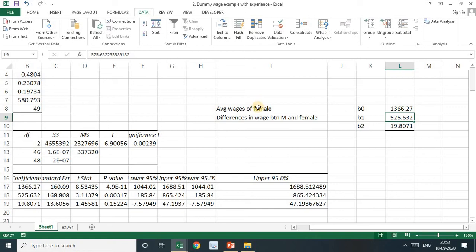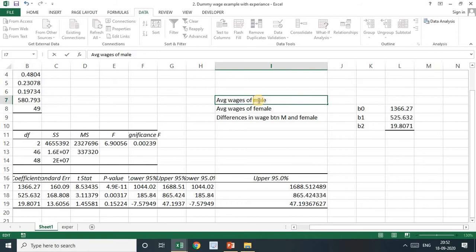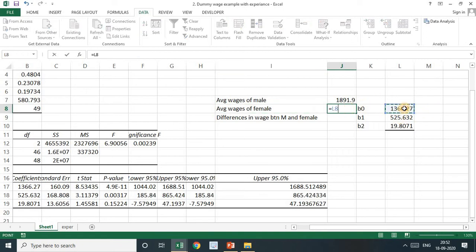The average wage of the male will be beta 0 plus beta 1, 1891.9. If you subtract the female average from this, you get 525, the average extra wage that males get over females.